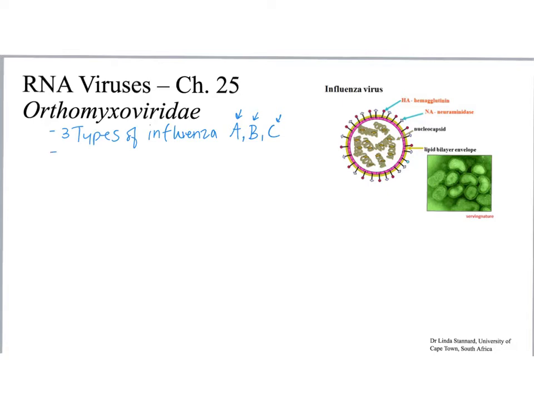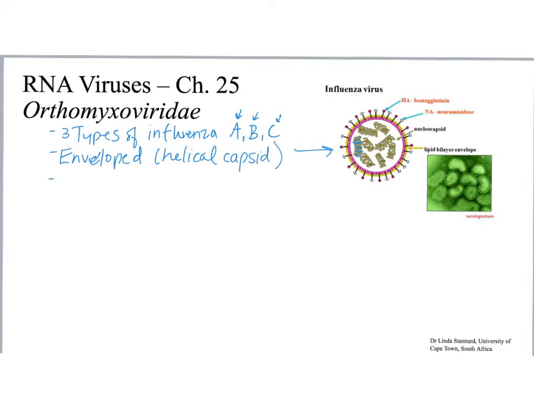All right, so if we look at the structure of the virus, what do you want to know about that? It's enveloped. Okay, it actually has a helical capsid. This is a pretty nice schematic right here. You can see that helical capsid in there.